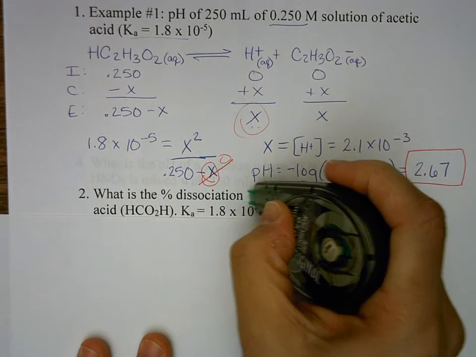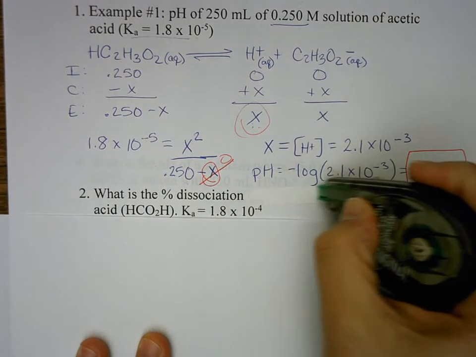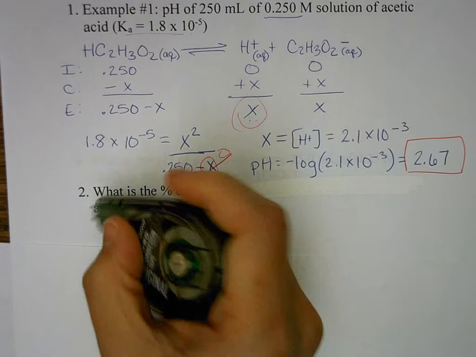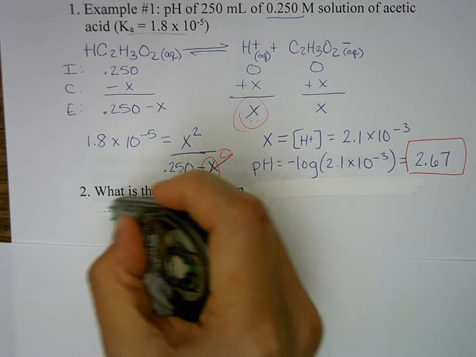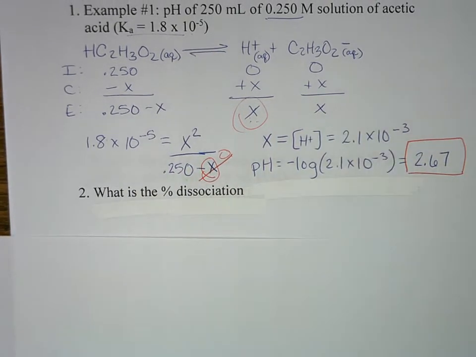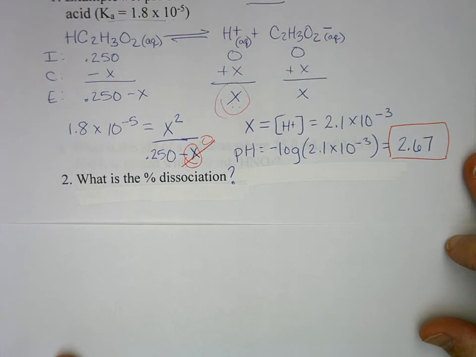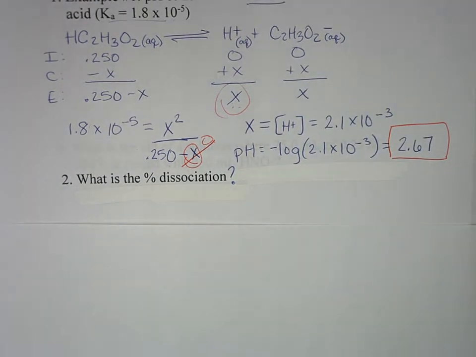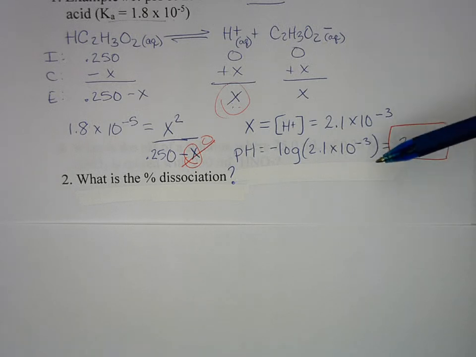For this one, I'm going to change it a little bit because I typed in a whole new problem just to answer this question: what is the percent dissociation? And instead of having to start over, we can just use what we already did. Another application of weak acid pH questions would be to calculate the percent dissociation.